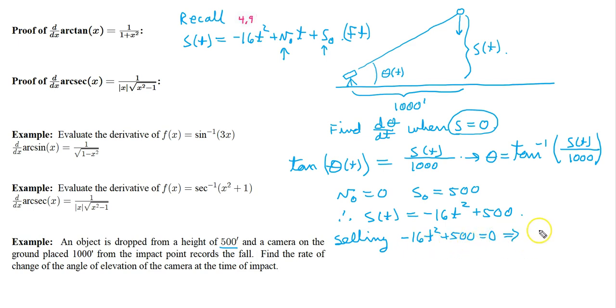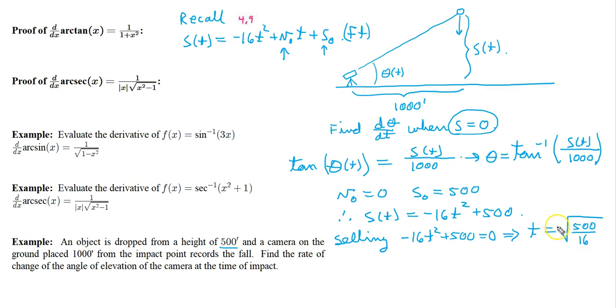now solving this for t, we get that t equals the square root of 500 over 16, right? Just take the negative 16t squared over to this side, divide the 16 under the 500, and then you have to take the square root to get rid of the square there. Now we should have a plus or minus here, but we're not going to put the minus because we're going forward in time. We're not going backward in time.